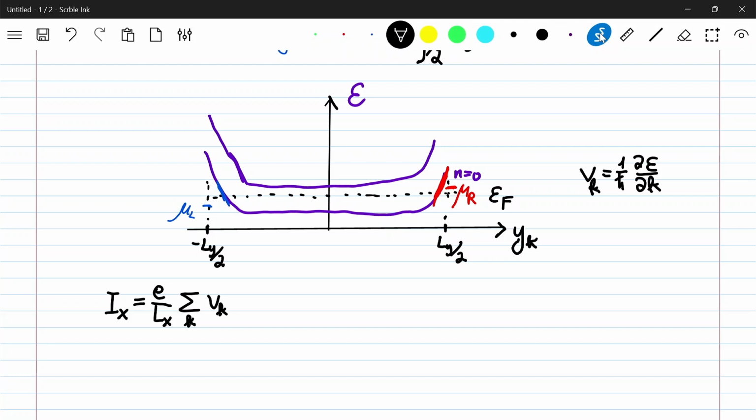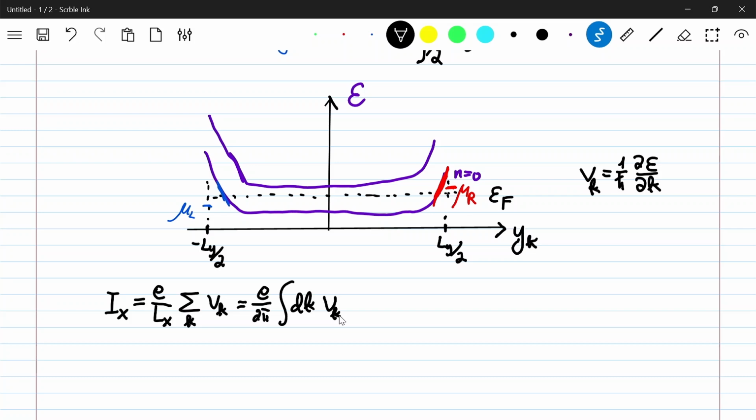Let's now go from a sum to an integral and write it as E over 2 pi, integral dk vk. And now there's something important.